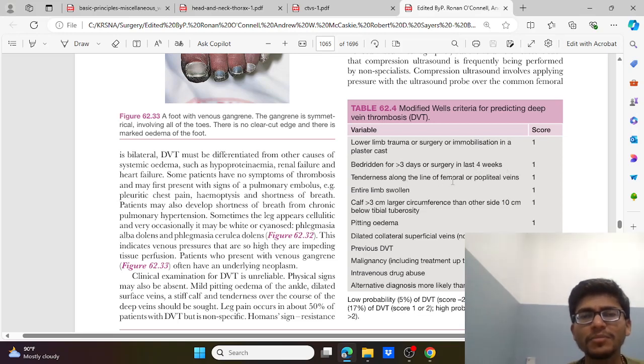Tenderness along the line of the femoral or popliteal veins adds 1 point. Entire limb swollen gives 1 point. Calf circumference more than 3 centimeters larger than the other side, measured 10 centimeters below the tibial tuberosity, adds 1 point.